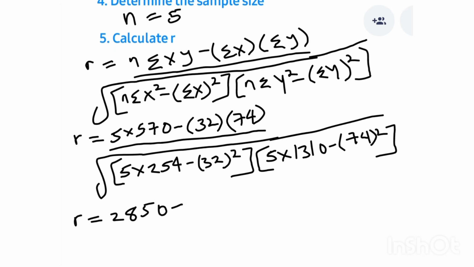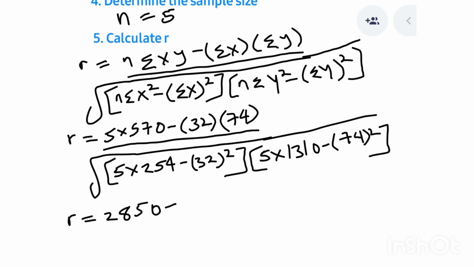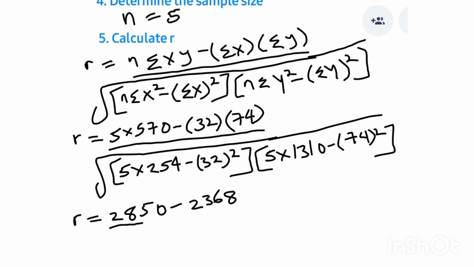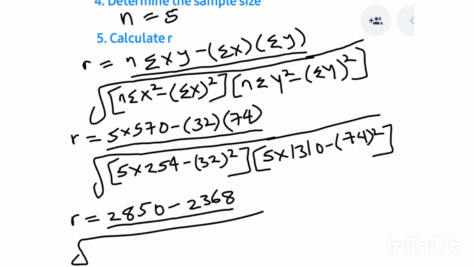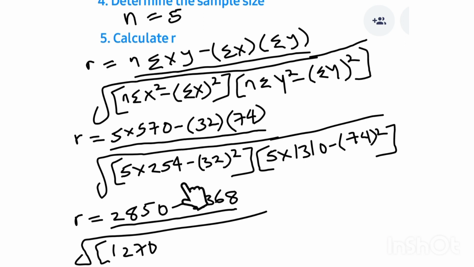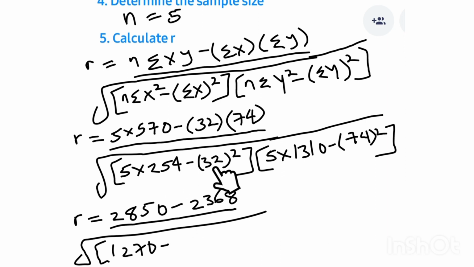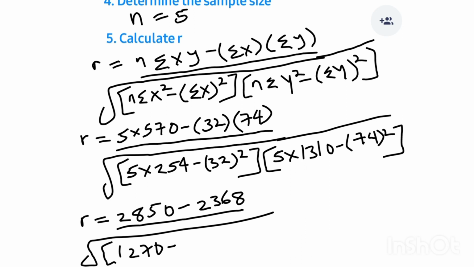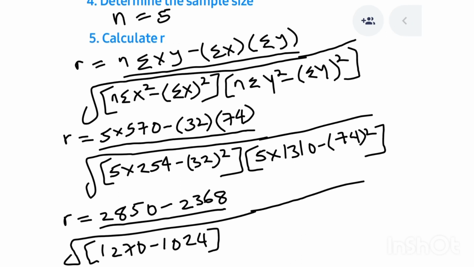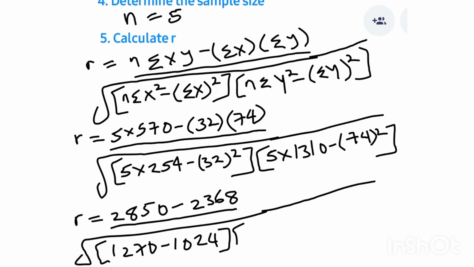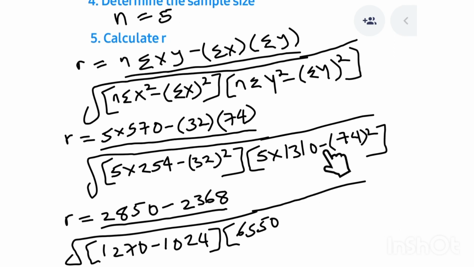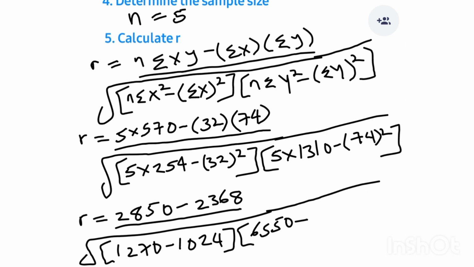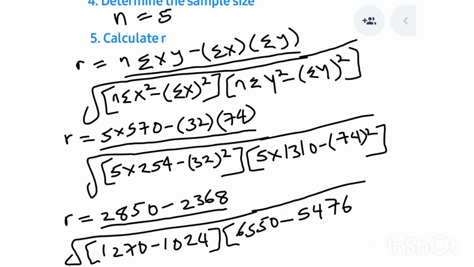R equal 5 times 570 to 2850, 32 times 74, 2368. There we have our square root here, 5 times 254, 1270, minus here, and of course we have 32 square here, 1024. Our open square bracket here, we open that 5 times 1310, because that gives 6550. Place a minus 74 square, 5476, close square bracket.